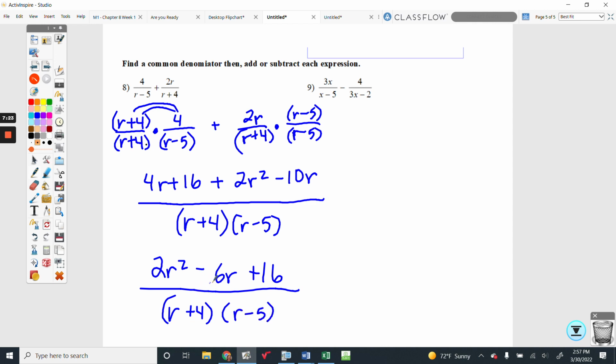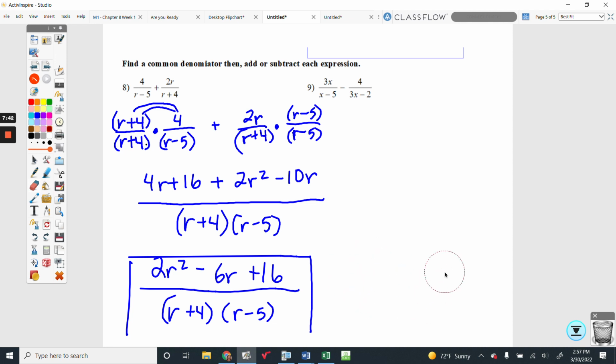And 2 can factor out of that, but then it cannot factor further, so I am finished. Again, I'm checking to see if I can simplify. So it's pretty straightforward. It is tricky and it gets worse.